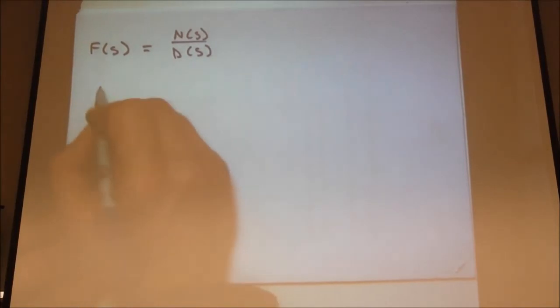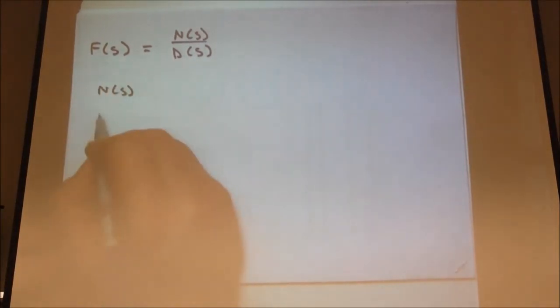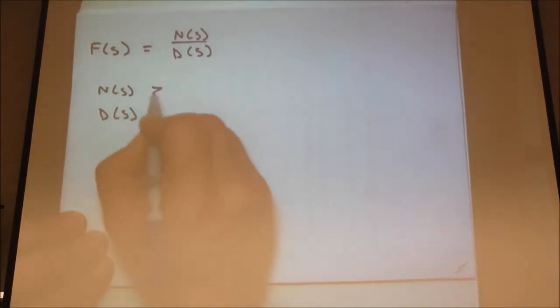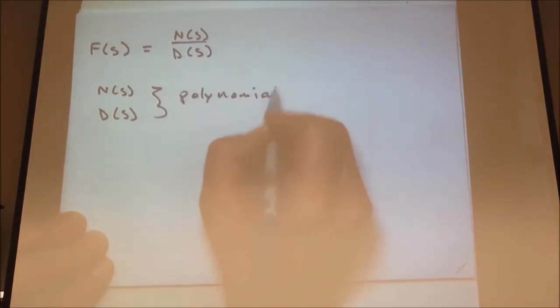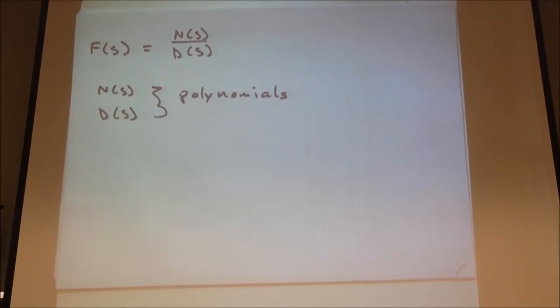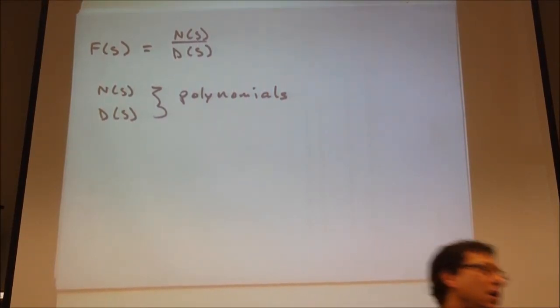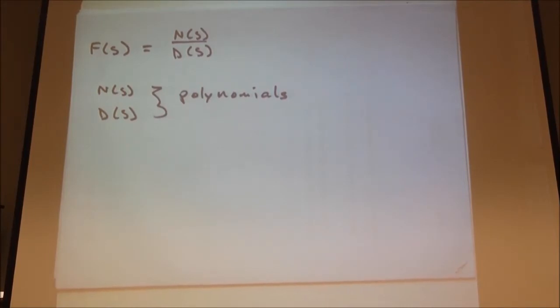N being numerator and D being denominator. N of s and D of s are polynomials. So they're just a polynomial. S squared plus s plus 1 or something like that. An arbitrary polynomial right now, but they are a polynomial form.